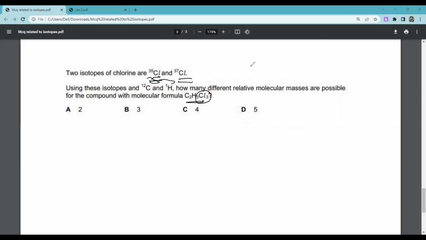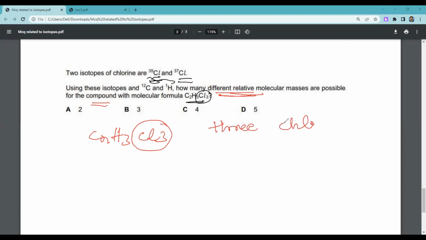The examiner is asking how many different relative molecular masses are possible for this compound. We can simply write C2H3Cl3. It means that 3 chlorines are present here.